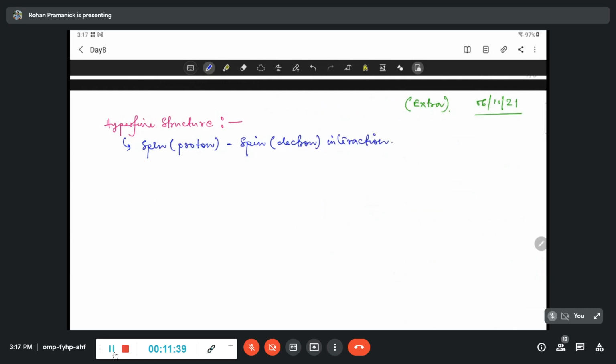Right. So of course these two particles, the electron and the proton, both have spins, and they interact with each other through their spin.